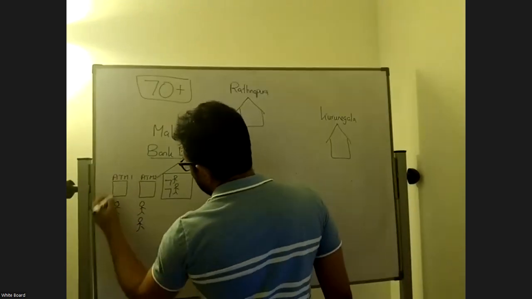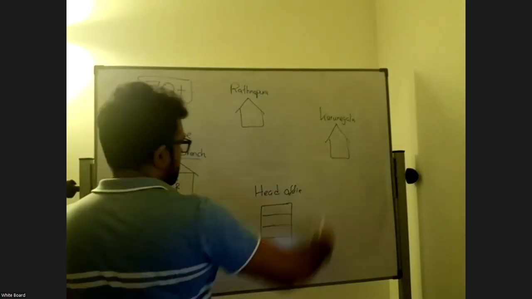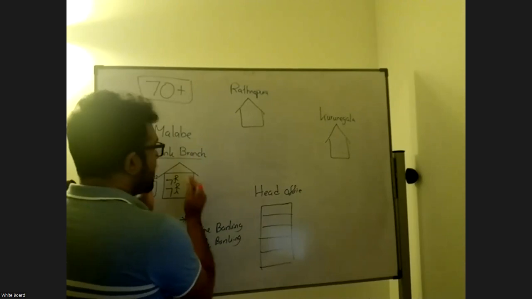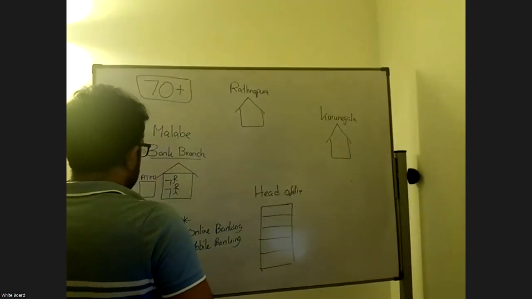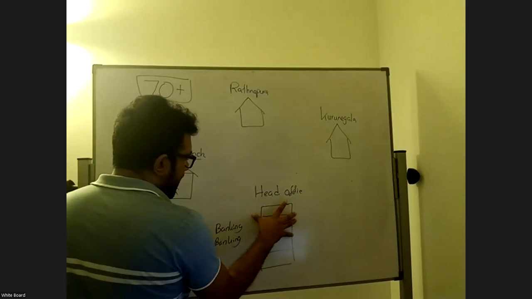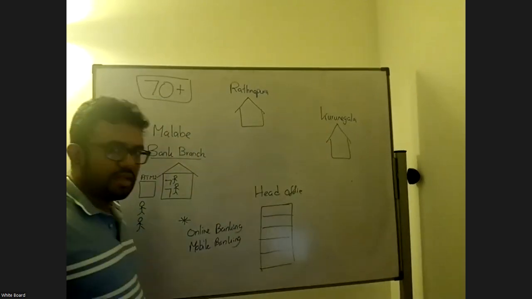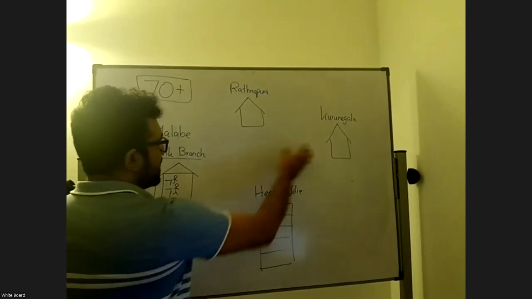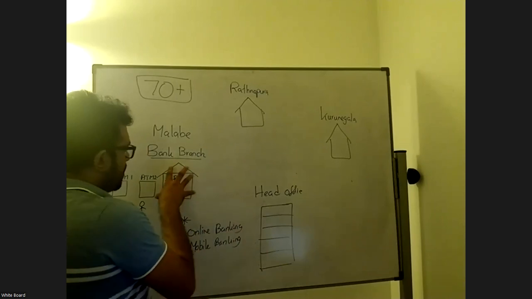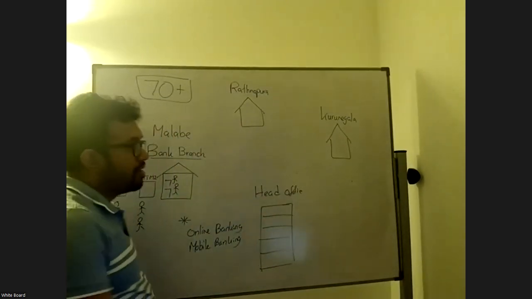Now, if I deposit money at the Malabe branch, and let's say a friend is in Kurunegala, I put money here and he takes it there. So I am going to put money in this bank branch and he can take it at the same time. That means as soon as I deposit money here, the fact that the money was deposited must be updated somewhere. If it were stored separately, he could not take it. His account is there. It's not here.